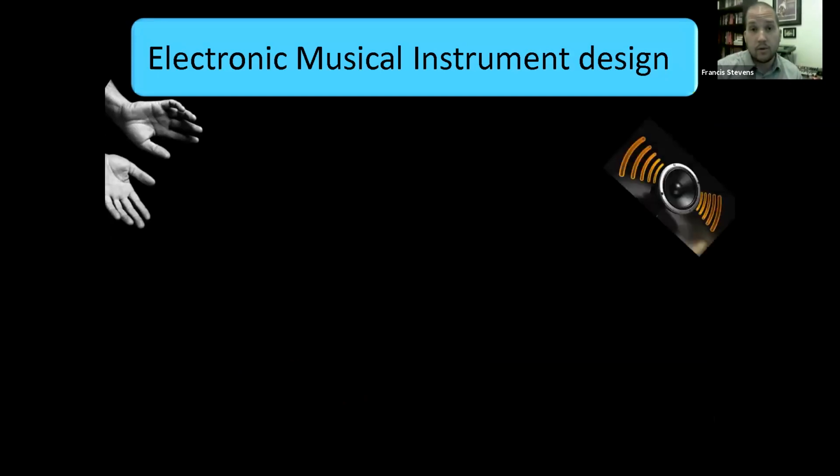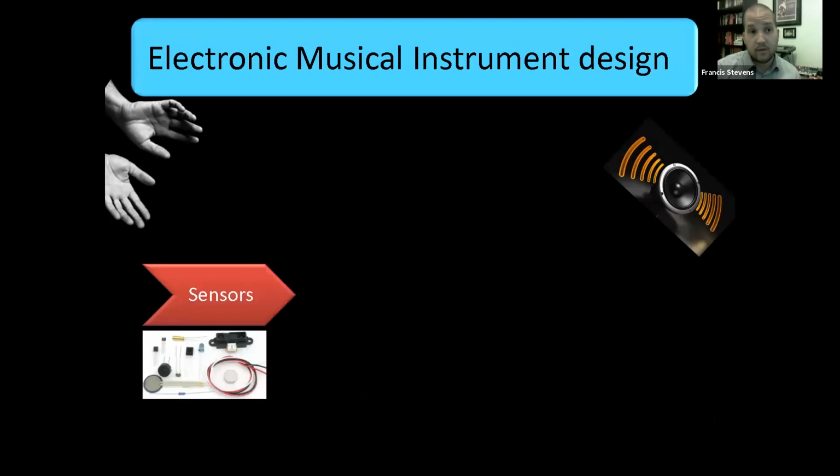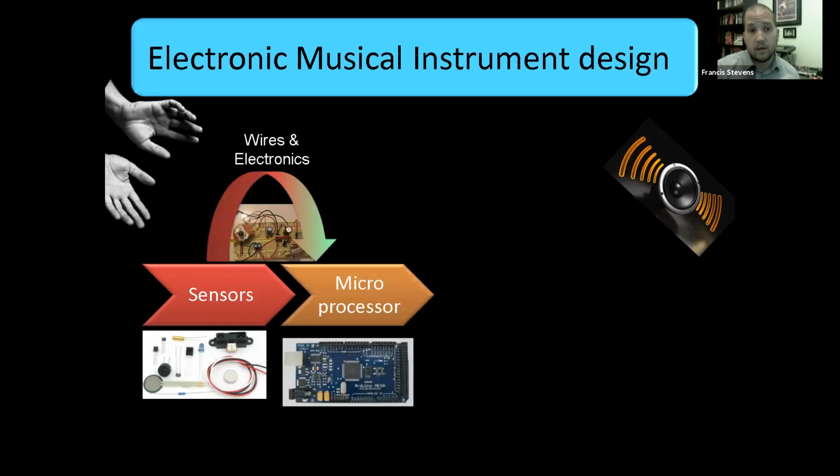Quickly then, some of the other things, electronic musical instrument design. So looking at novel ways of interacting with hardware in order to create music. So going from something that you can touch and play with, and then creating some sort of sensor to turn that into an electronic signal, which then through the use of some circuitry, you can connect to some microprocessor.